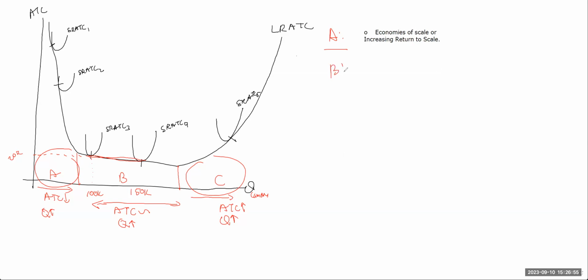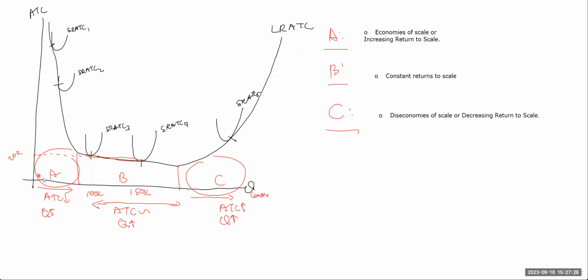B is called constant returns to scale region. And C is called the diseconomies of scale or decreasing returns to scale region.